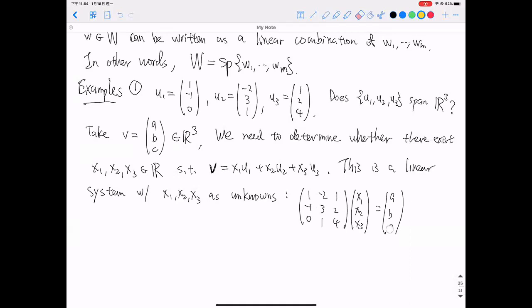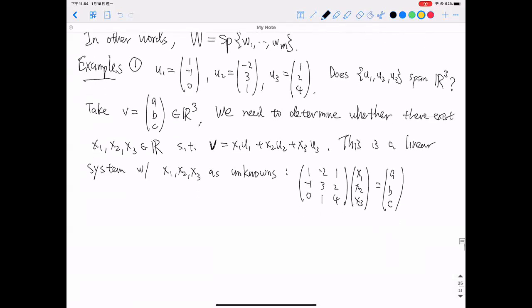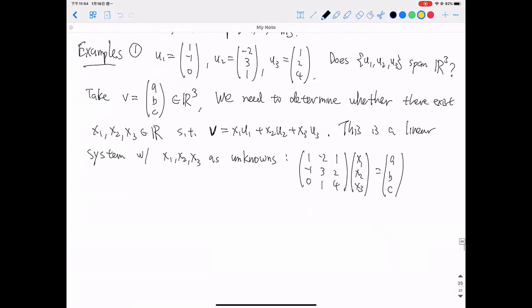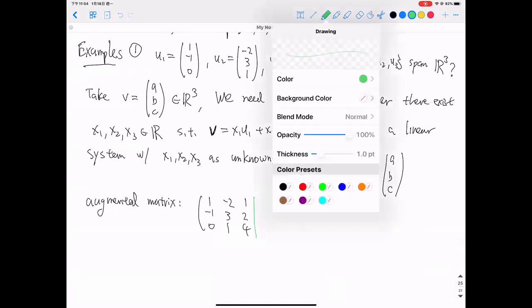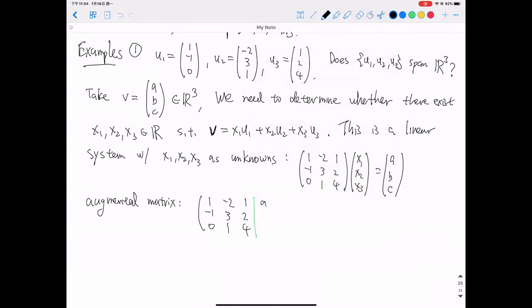So we know what we need to do: we need to solve the system. For that matter, let's compute the augmented matrix. It's 1, minus 1, 0, minus 2, 3, 1, 1, 2, and 4, and a, b, c.